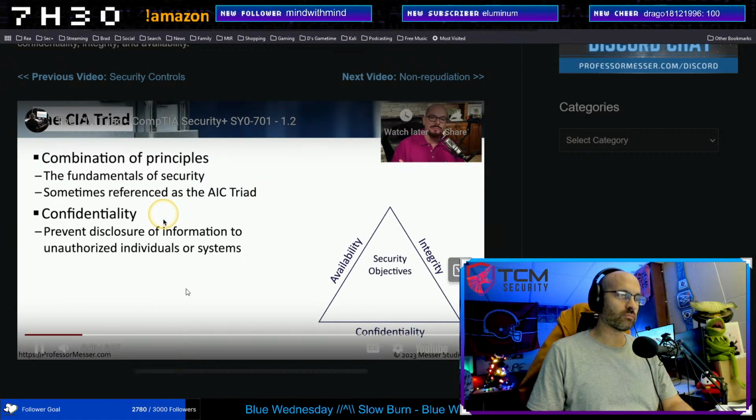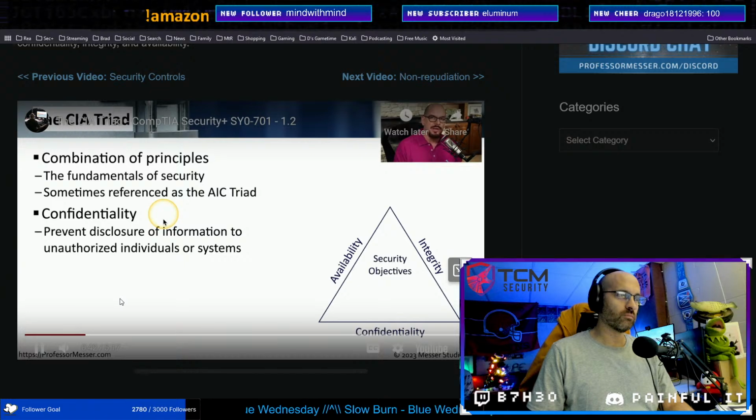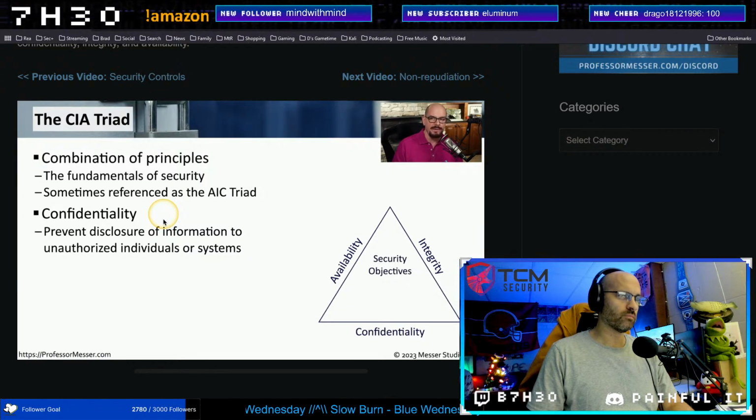We want to prevent someone from gaining access to private information. We need to provide that information in a confidential way.